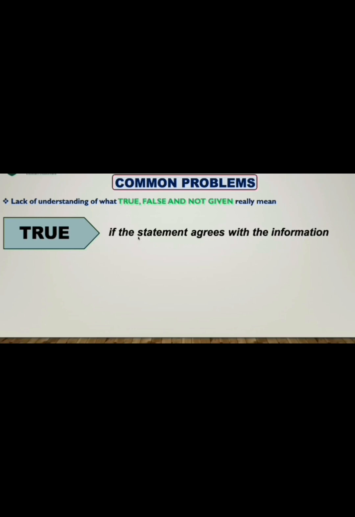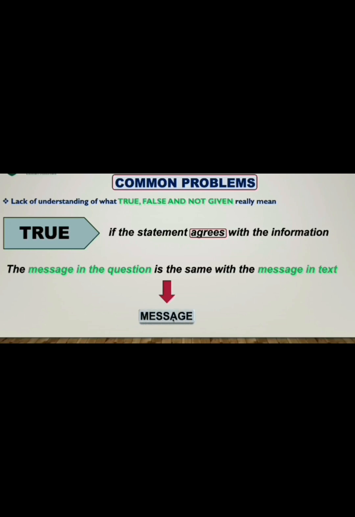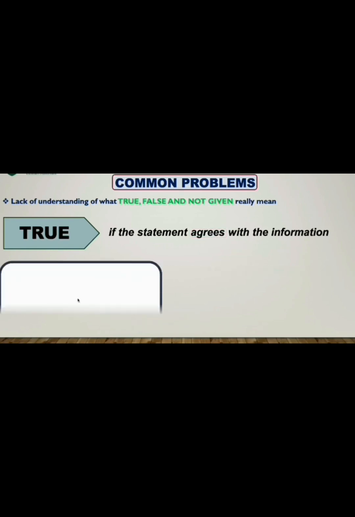So you can see if the statement agrees with the information, write true, and the anchor here is agrees, and this means that if the message in the question is the same with the message in the text, and you can see what we're using, the message, so not just the words or sentences that are written, but the message that these sentences convey. Let's take a look at a typical question.